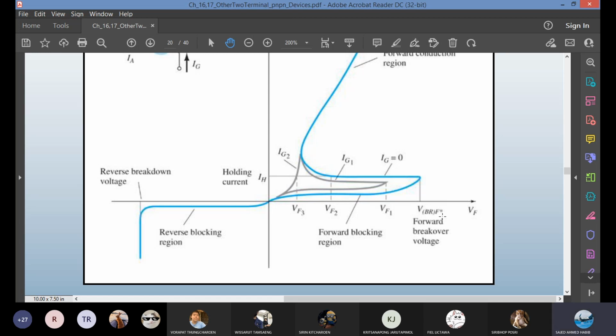Sometimes in the asterisk, you have another letter. You might have VBRO. When you see VBRO, it means open circuit from gate to cathode.